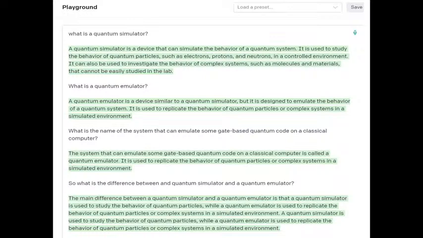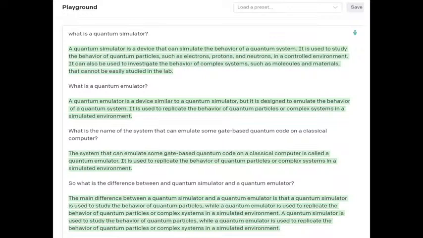A quantum simulator is used to study the behavior of particles like electrons, protons, and neutrons, and it can be used to investigate the behavior of complex systems like molecules and materials that cannot be easily studied in a lab. Then an emulator is used to replicate the behavior of quantum particles or complex systems in a simulated environment.